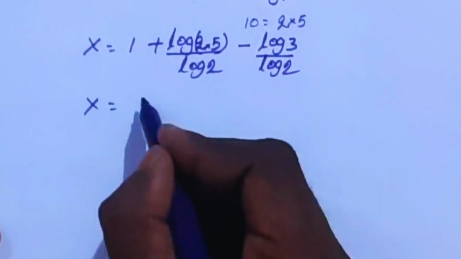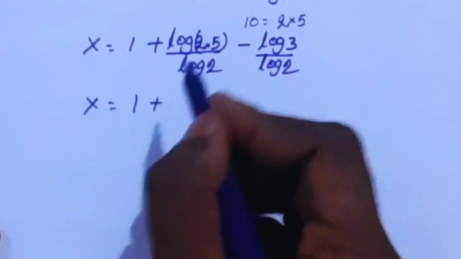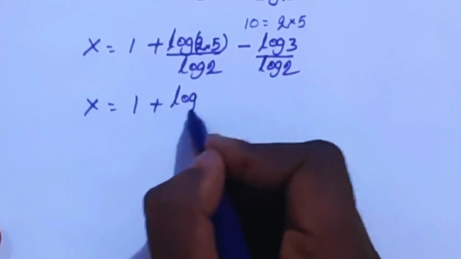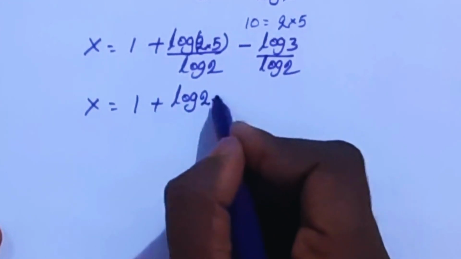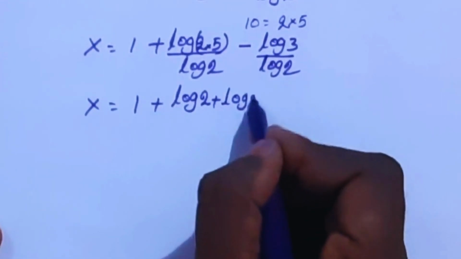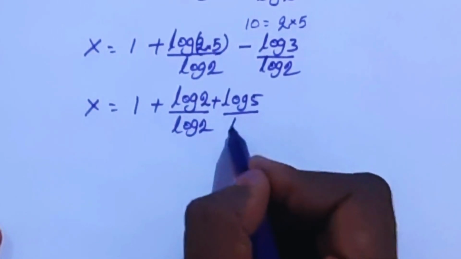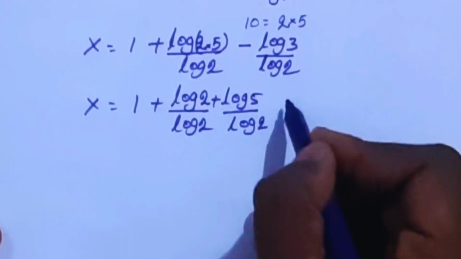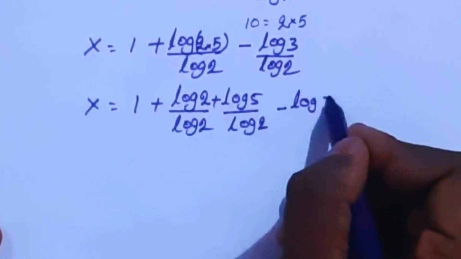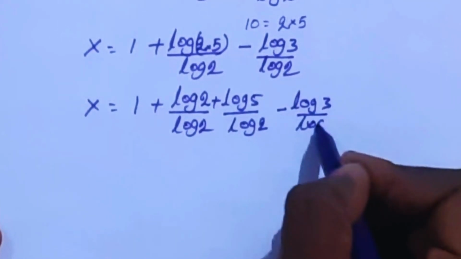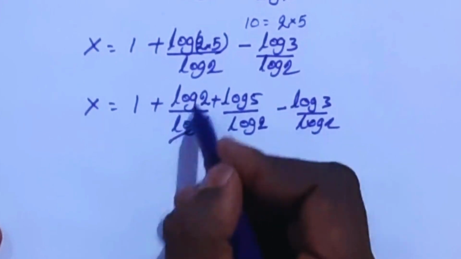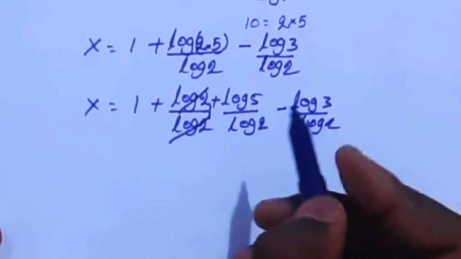Now x equal to 1 plus, log product formula we are going to apply here. Log 2 plus log 5, here log 2, plus log 2 minus log 3 by log 2. Now this log 2 cancels this. So here 1.